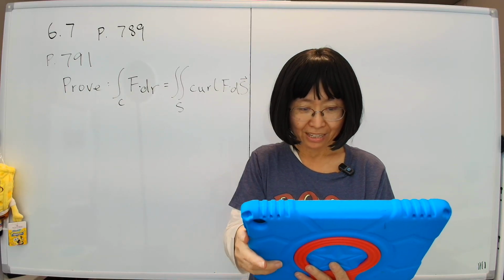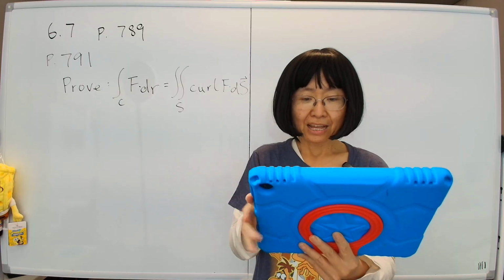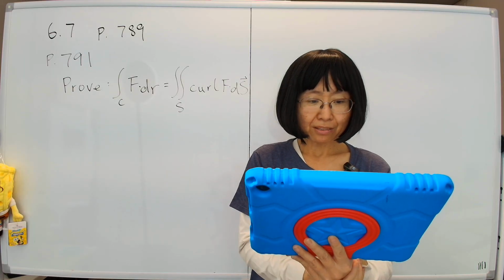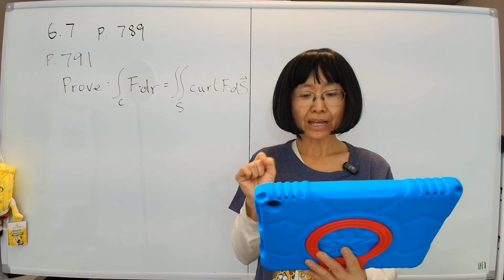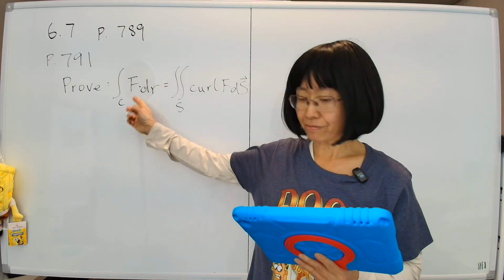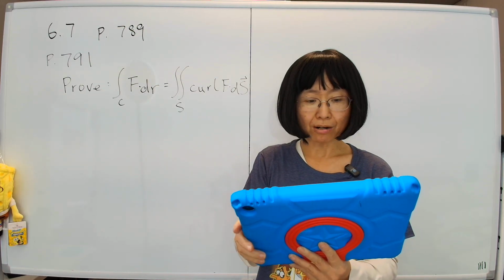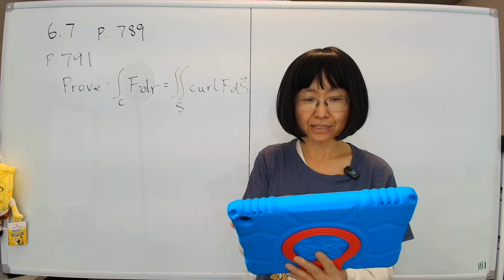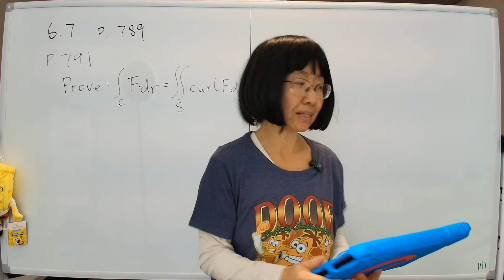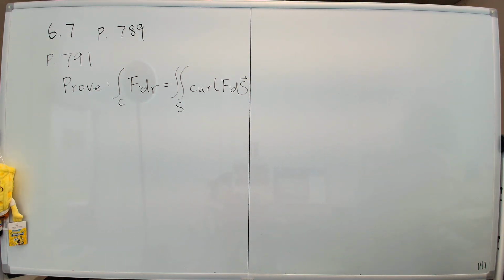And then we have some function F, given by PQR, a vector field that has continuous partial derivatives, etc. That's the end of page 791. Please move on to page 792.